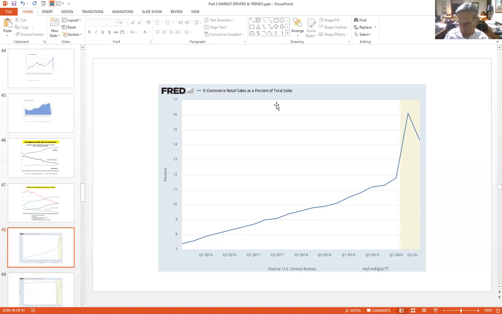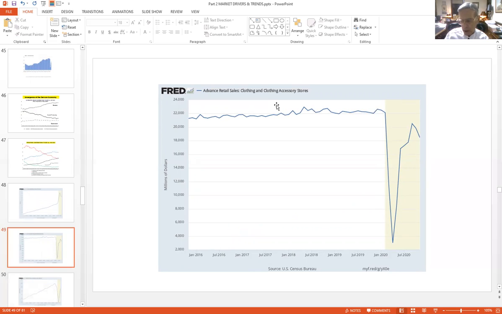As a percent of total sales, it moved from 12 to 16%. Since the pandemic occurred, it's dropped back down to a little over 14%. But clearly, e-commerce has taken a new step in its evolution.